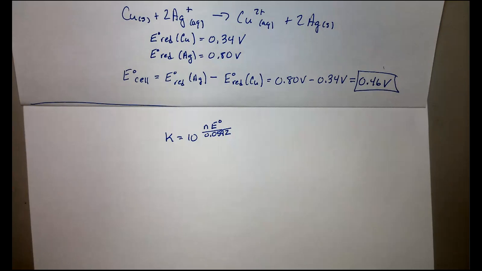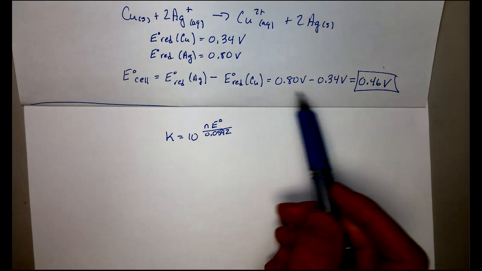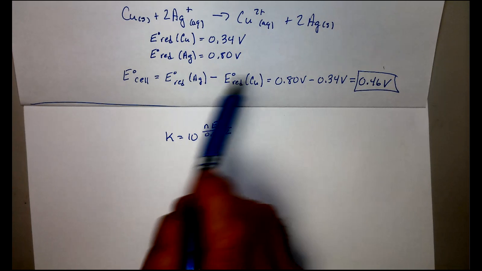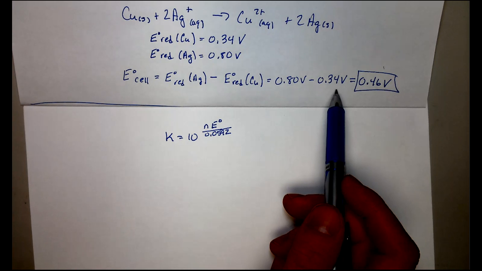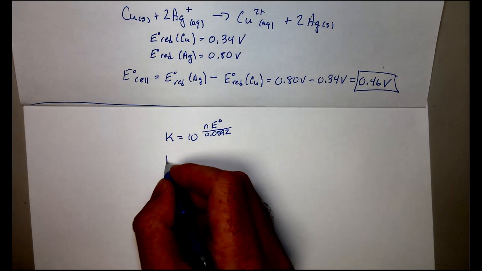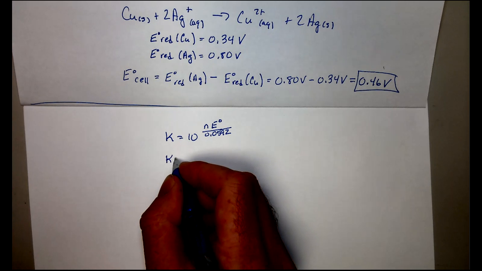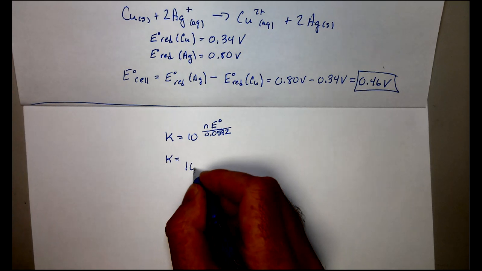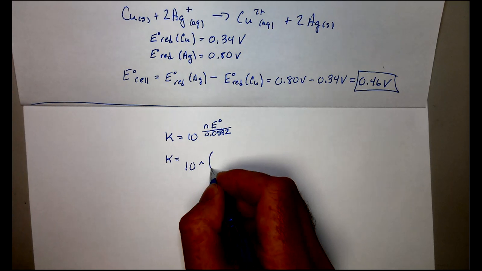And you can see there's where we calculated the standard reduction potential, which was 0.46 volts before. If you're unsure how to do that, go back and review my introductory video where I walked you through calculating these reduction potentials. We're just going to use it in this case. So K is equal to 10 raised to all of this.